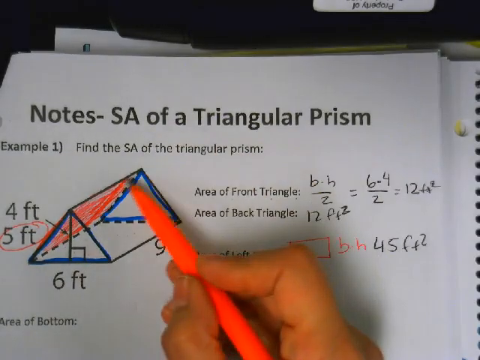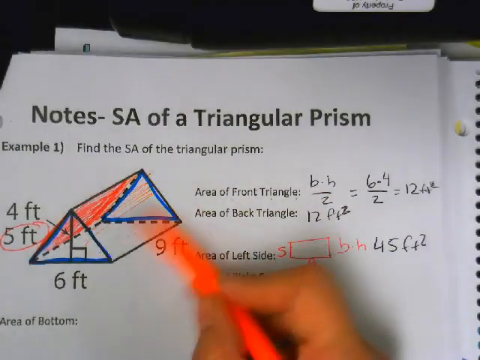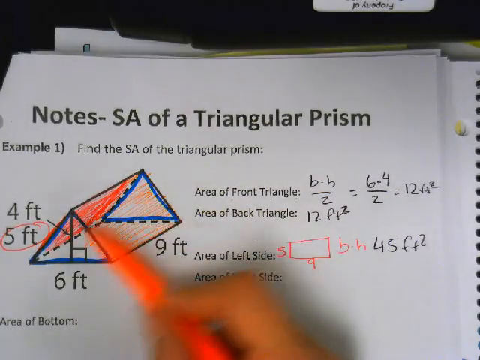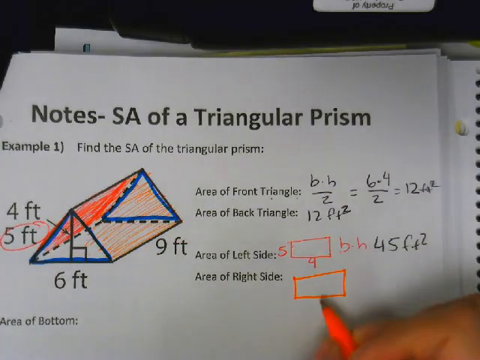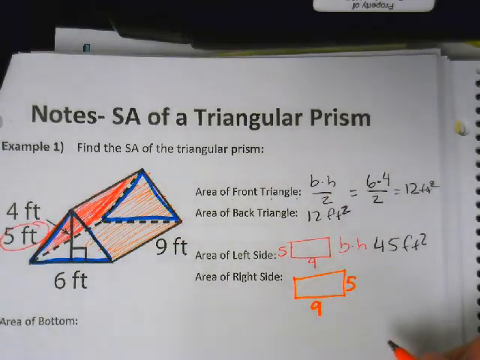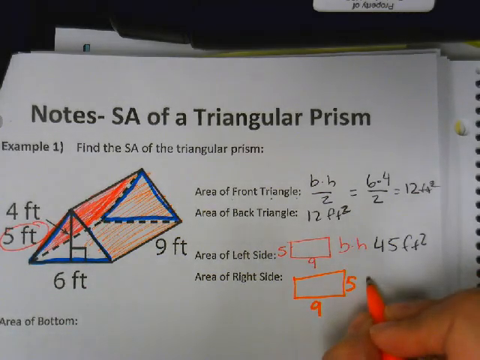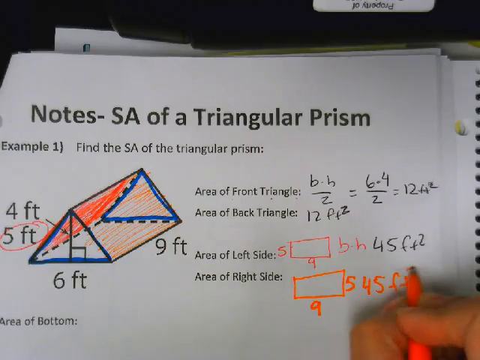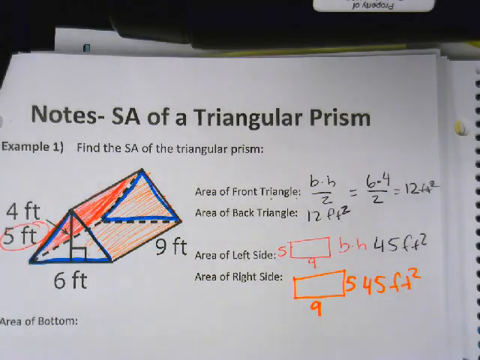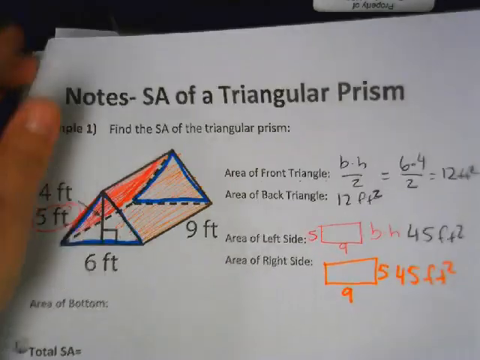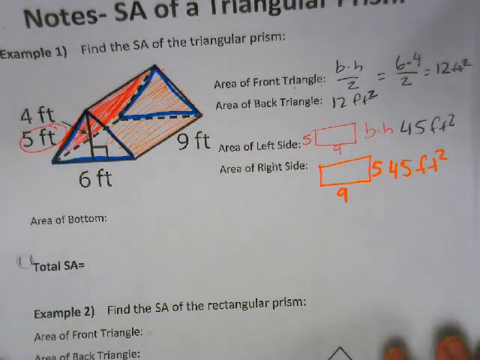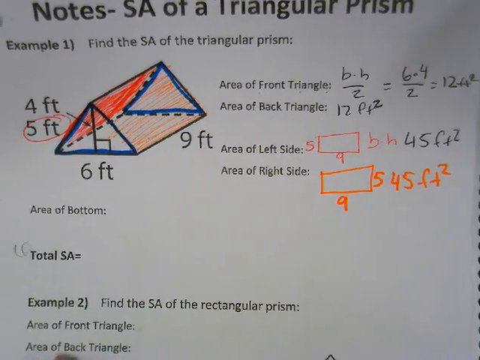Now, the right side would be this part right here, this rectangle. What are the two measurements of that one? 9 times 5. So what's 9 times 5? 45 feet squared. All right, now the last one, which you can't forget about, it's kind of hidden. It's right here. Bottom.